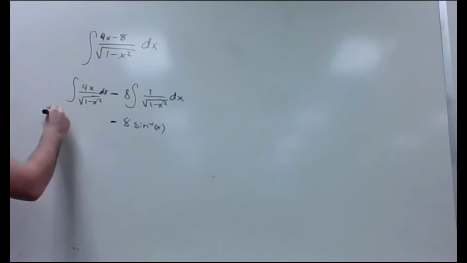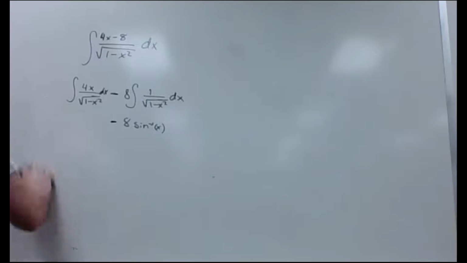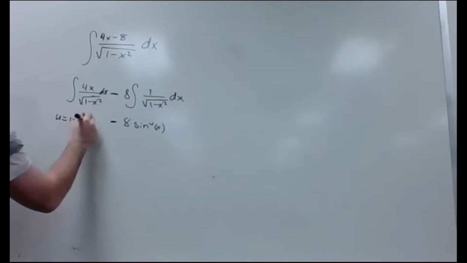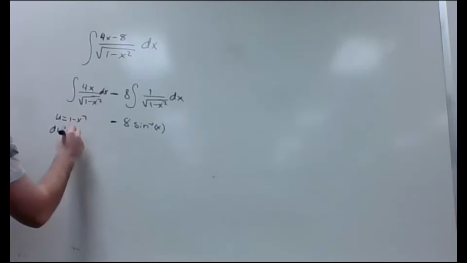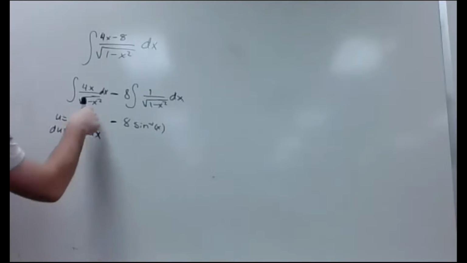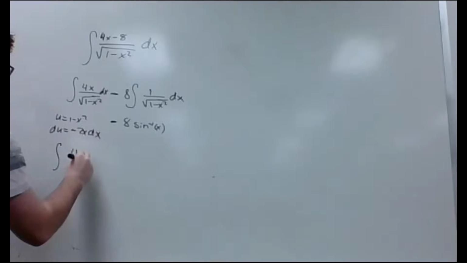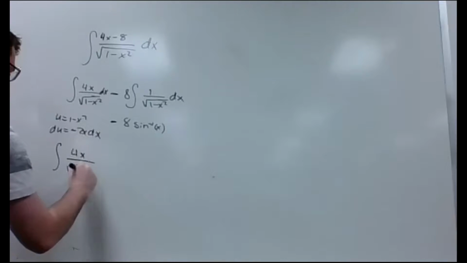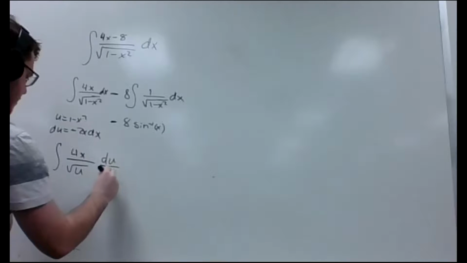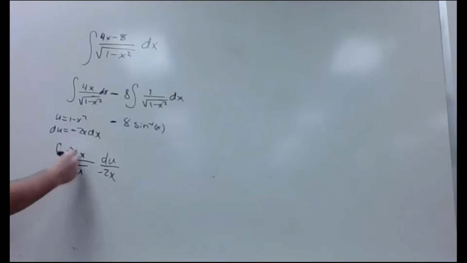So we can pull this 4 out if we wanted to, but I'll just leave it in there for now. So u is equal to 1 minus x squared, du is equal to minus 2x dx. All right, and then we can pull this -2 out, right?